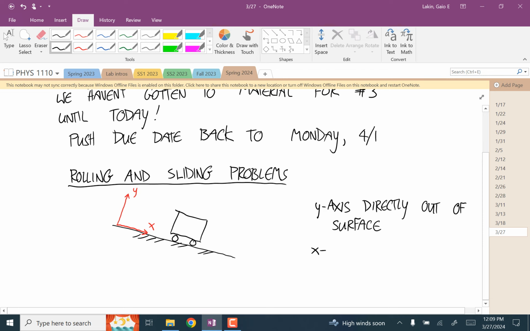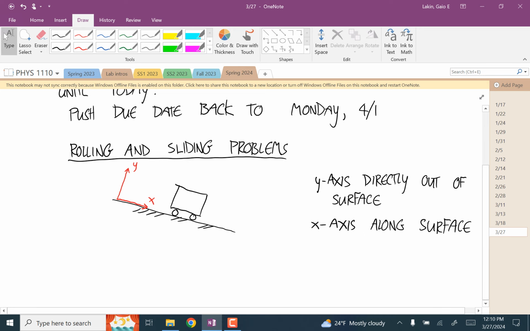And that means that the x-axis is along the surface. Now, the orientation of the coordinate system is always a choice that you have when you're doing problems. You could orient the coordinate system at funny angles for any problem you want. We don't because it usually doesn't help in any way.